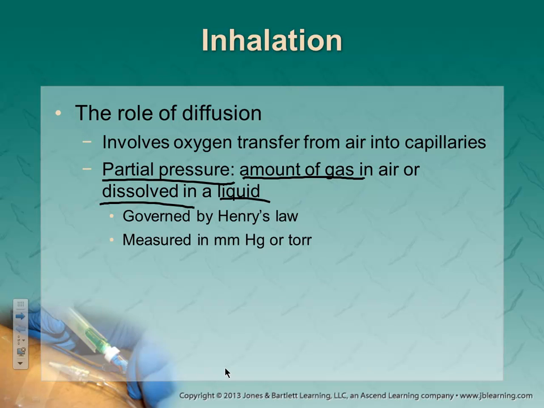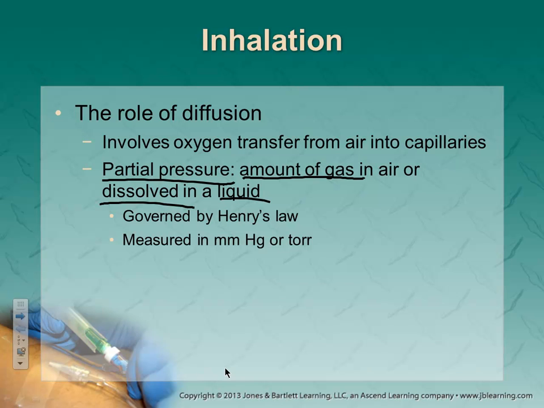Deoxygenated arterial blood from the heart has a partial pressure that is lower than the partial pressure of oxygen in the alveoli. That's what we just talked about. The body attempts to equalize the partial pressure. Just like with osmosis or regular diffusion, the body's trying to equalize. Oxygen diffuses across the alveolar capillary membrane into the blood.